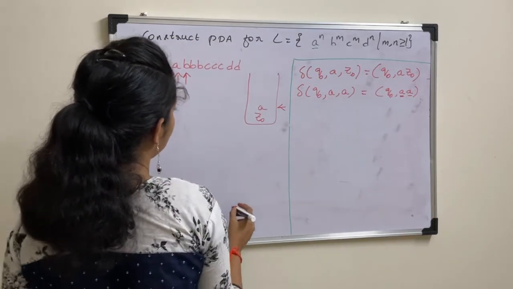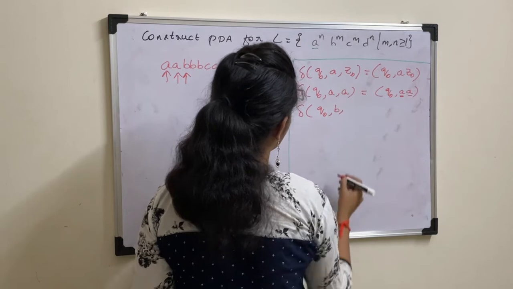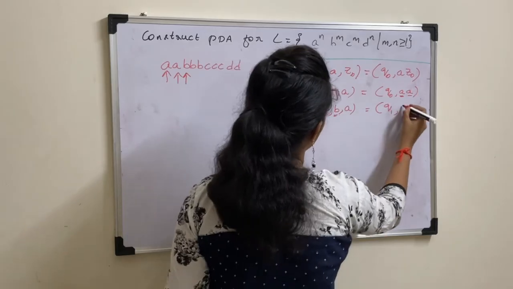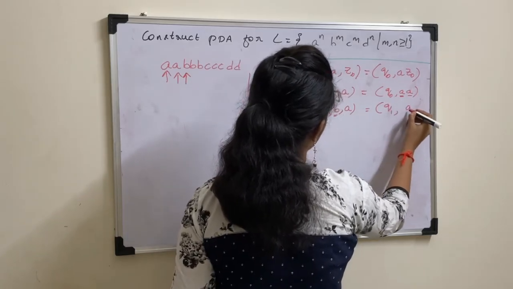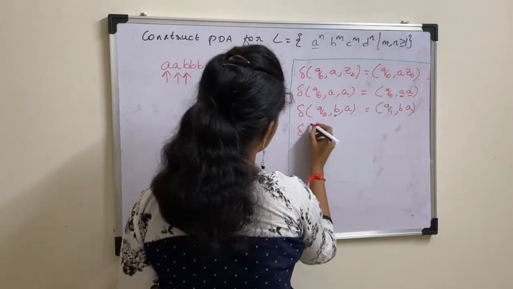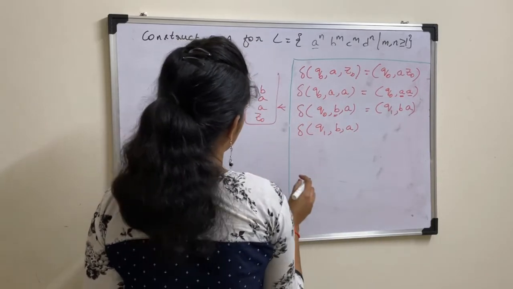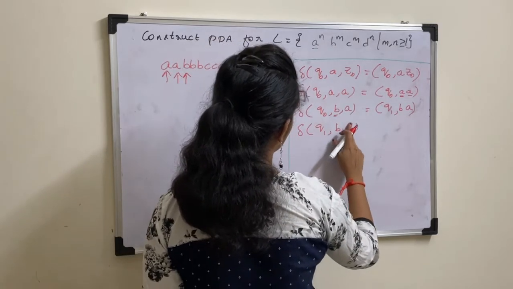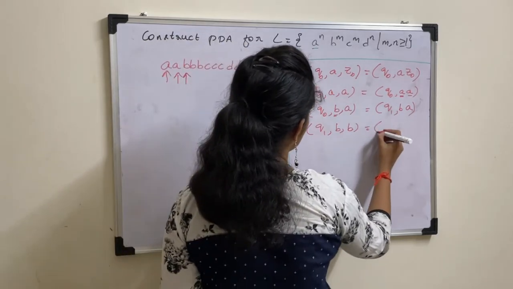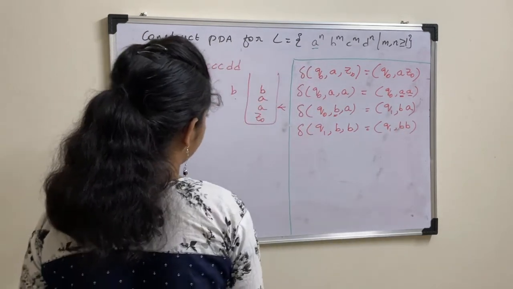Next, the input is B. If the input is B and the top of the stack is A, change state to Q1, which is a new symbol, and again push B. Next, Q1, B, and the top of the stack is B. In this case also, push operation.